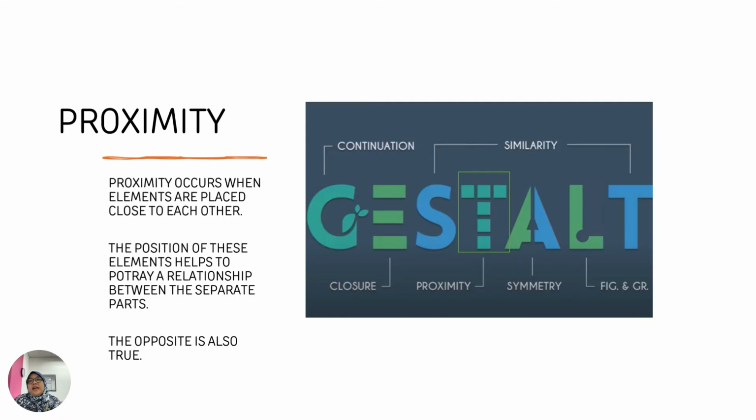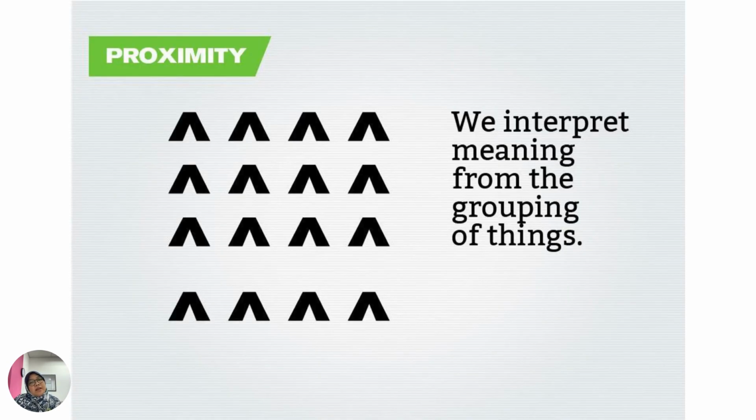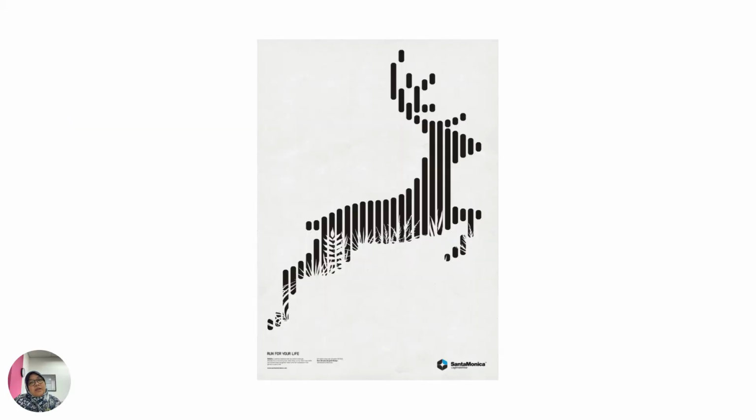And a good example is that we tend to see things in groupings, and in this case we let our brain see the sameness in the lines here, and even though there's leaf or grass, we can see that it is proximity.